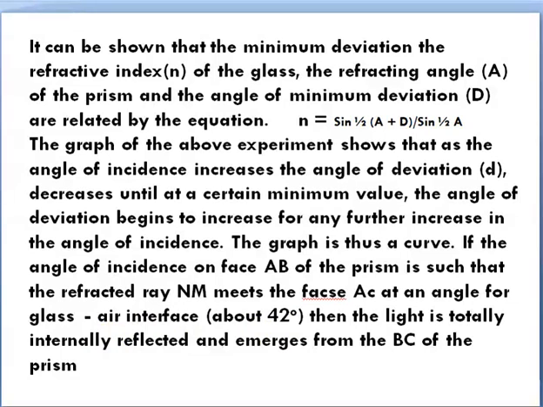We have talked about total internal reflection, where we saw the critical angle for glass to be 42. So when this angle is greater than 42, the ray will be totally internally reflected.